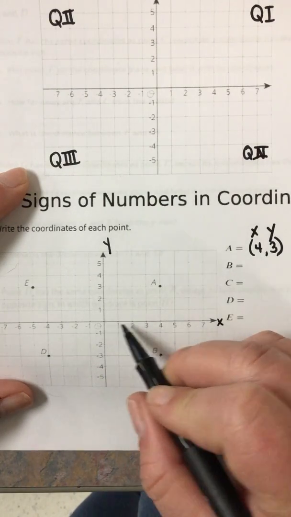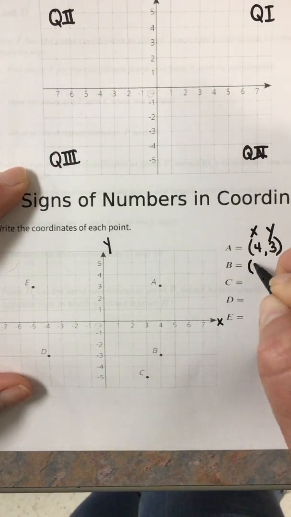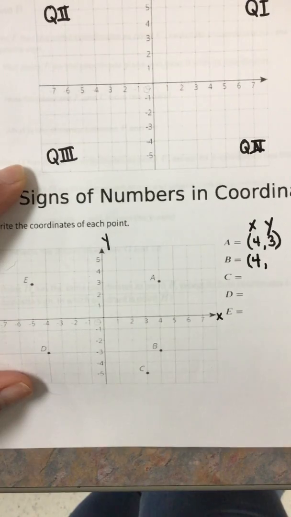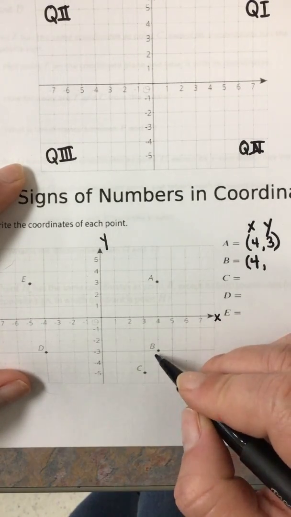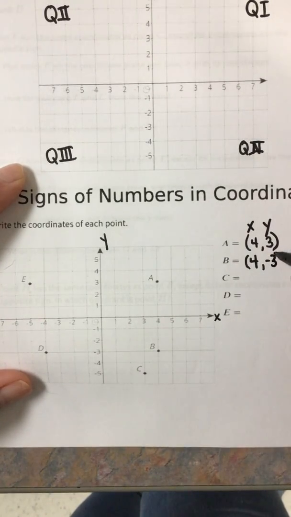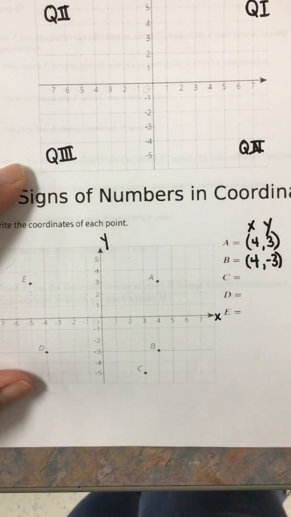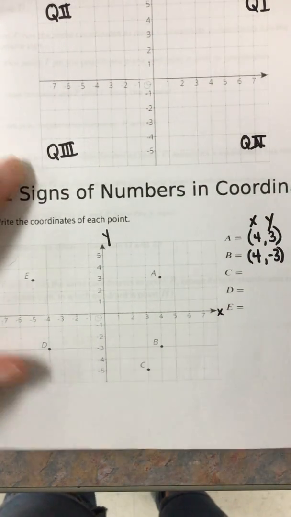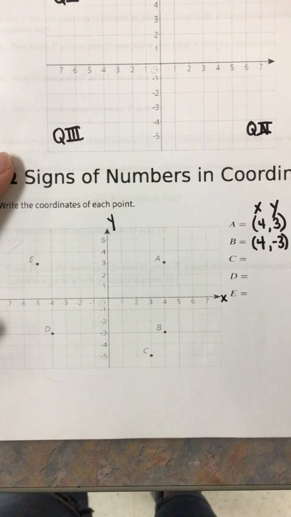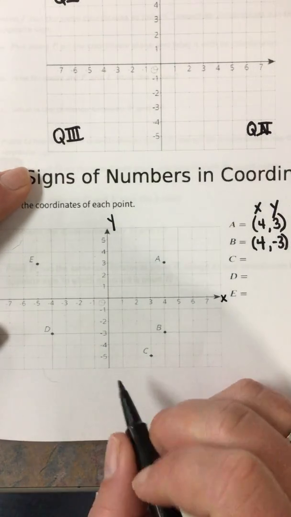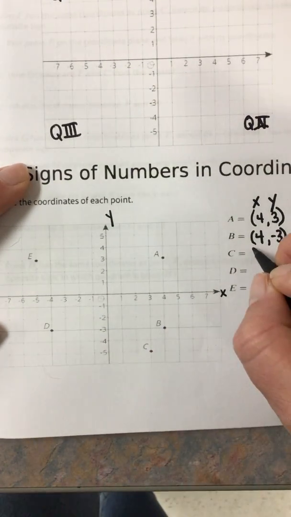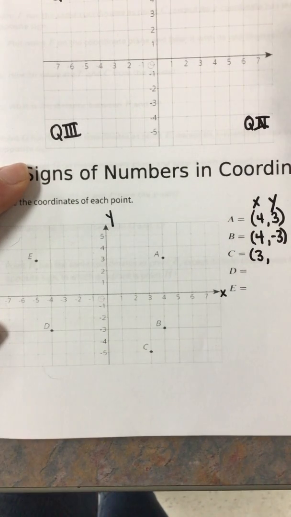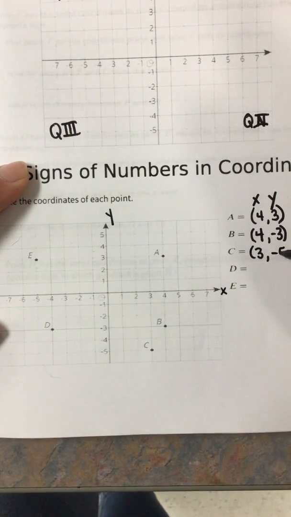All right, B, we go over 4 again because we're always moving right or left. But then we're going to go down to -3 because it's below the x-axis. C, we're going to the right 3, and then we're going down 5.